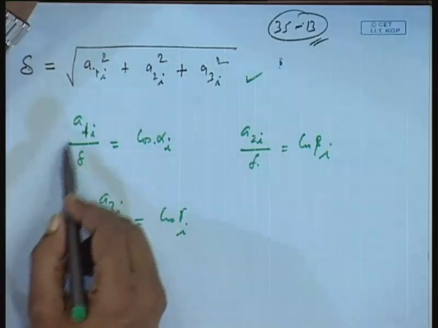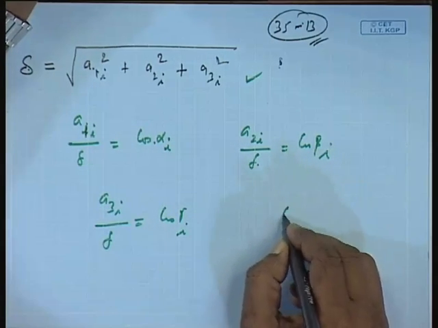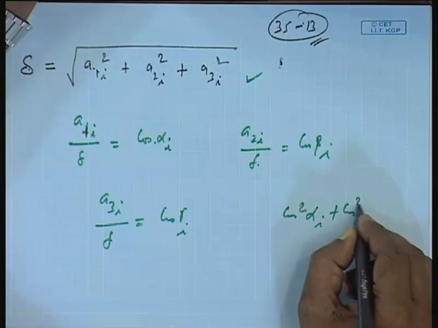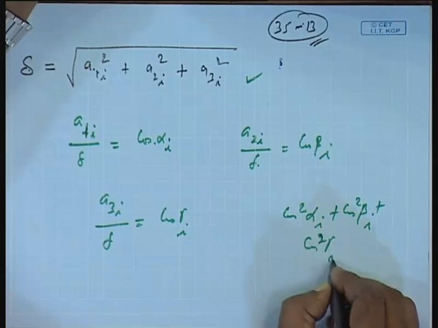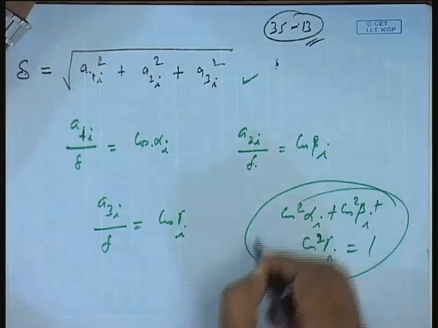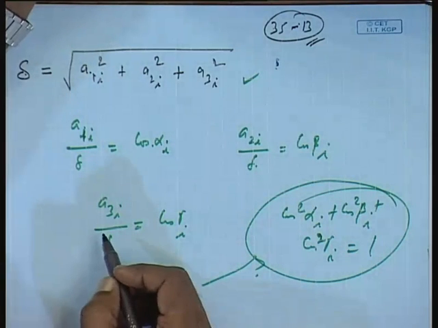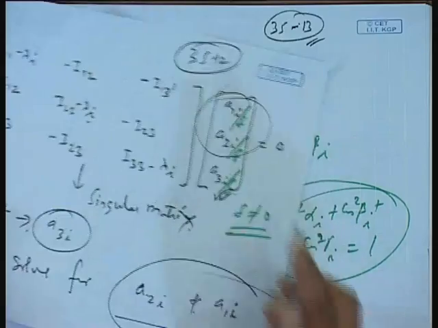Now, you can check that by squaring these quantities and adding, this will give you 1. So, ultimately you are going to get cos square alpha i plus cos square beta i plus cos square gamma i equal to 1. Okay. So, you have basically done the normalization of these quantities. So, in the normalized form, this is what will appear.